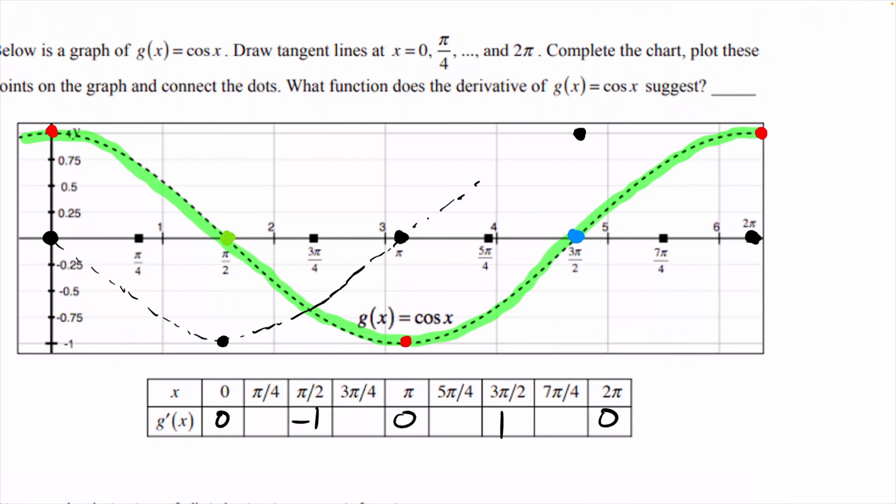Does it look familiar? No. Let me draw it in a different color. Magenta. Does the magenta look a little familiar?